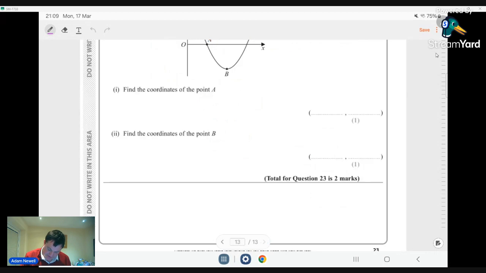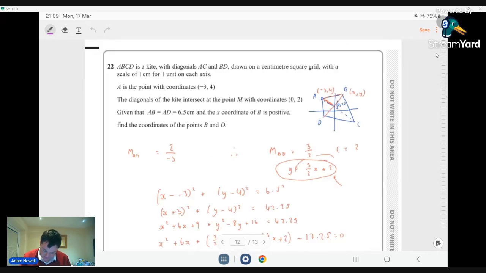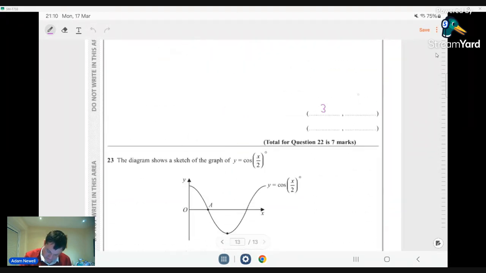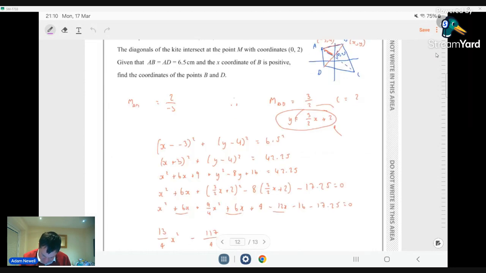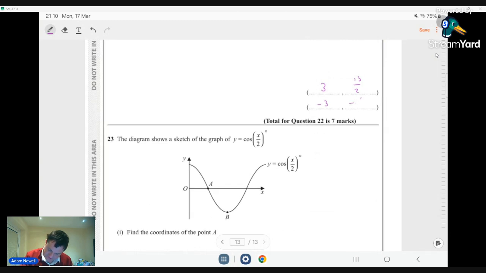So finishing that off then, we had 3 and 13 over 2. And we have minus 3, and I think it was minus 5 over 2. Yeah. Minus 5 over 2.